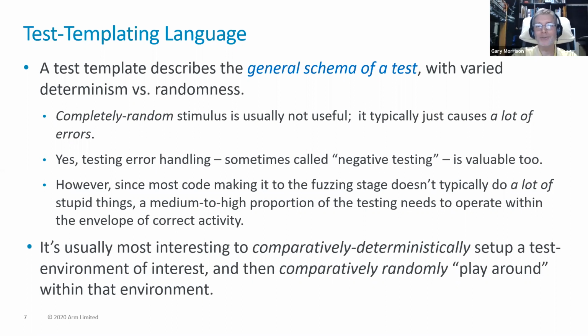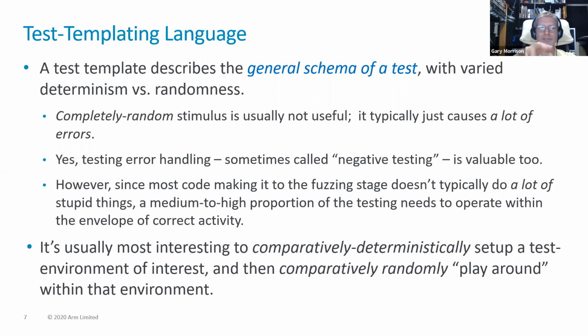Since most code will behave properly up to a point, hopefully you'll be testing more plausible, at least seemingly plausible cases. But you definitely do want negative testing. You want to make sure that known wrong things are handled correctly. And there are provisions for that in this tool as well. But it doesn't produce just purely random stuff.